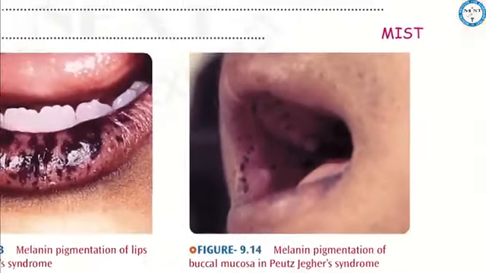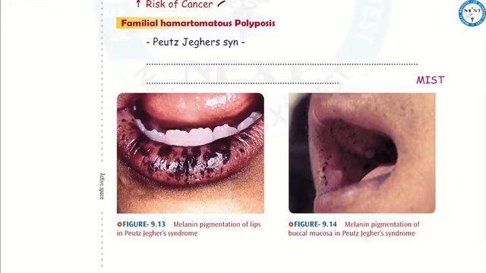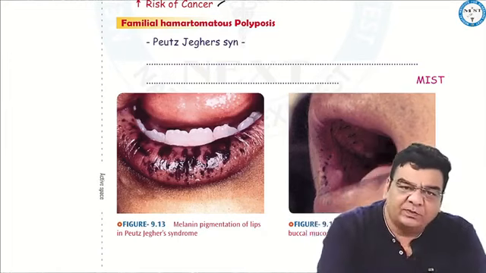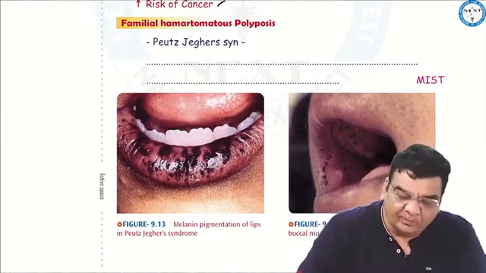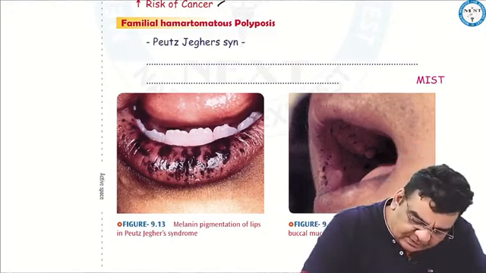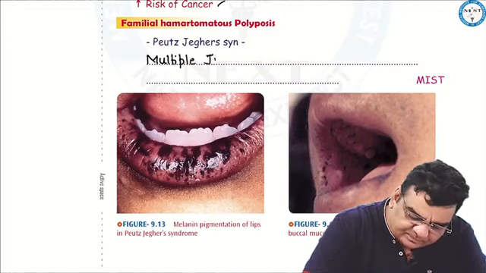Here you can see the buccal mucosa. This condition sometimes is associated with juvenile polyps in the colorectal area. That is called Peutz-Jeghers syndrome, familial hamartomatous polyposis. In this condition, there are multiple juvenile polyps.